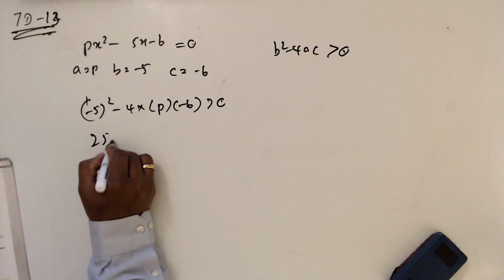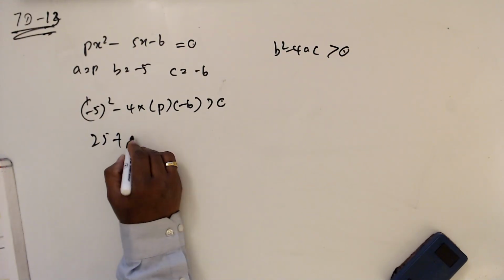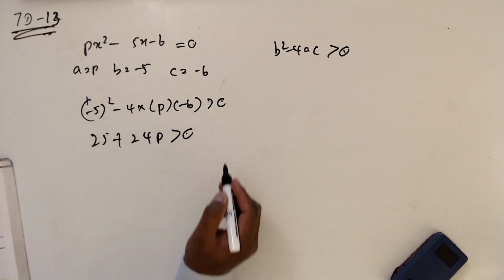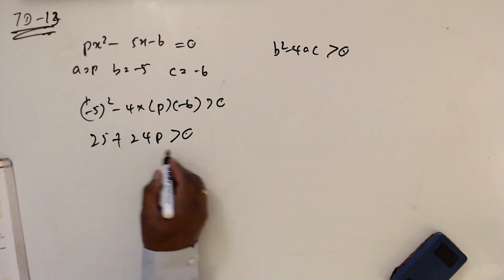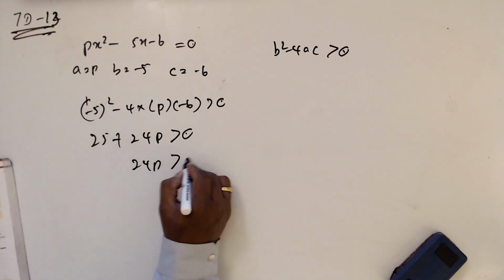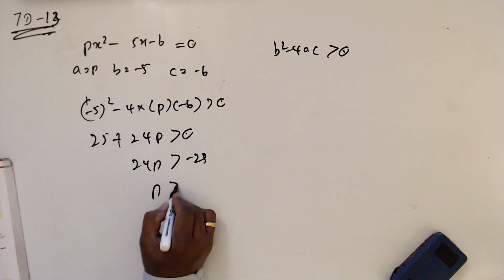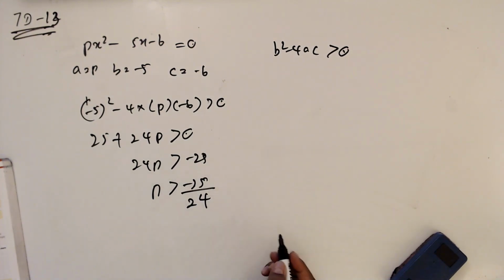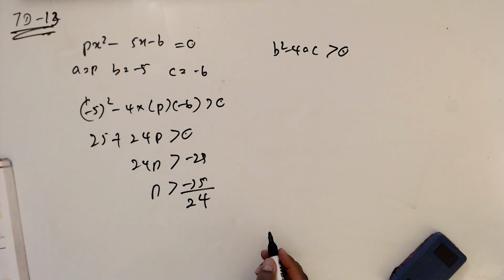So 25 plus 24p greater than 0, so 24p greater than minus 25, p greater than minus 25 over 24. That's all on this one.